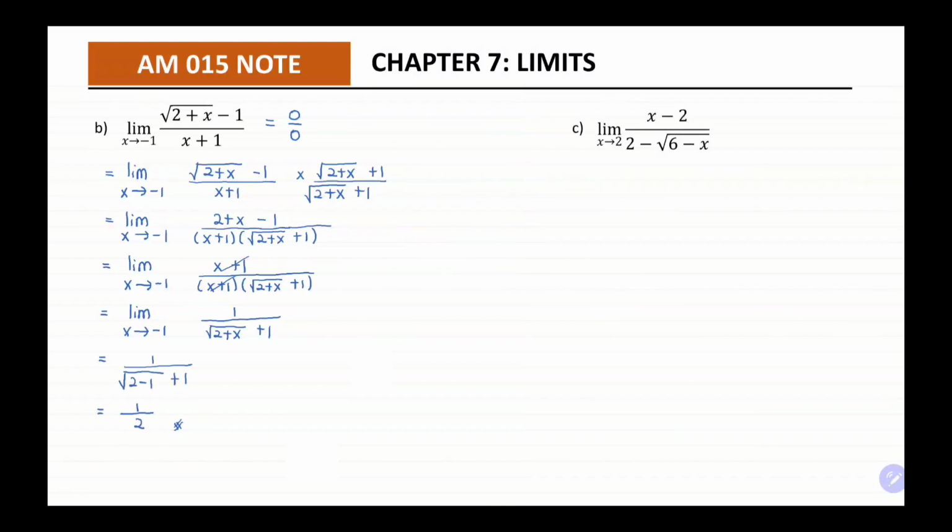And the last question for conjugate, we have limit x approaches 2, (x - 2) divided by (2 - √(6 - x)).